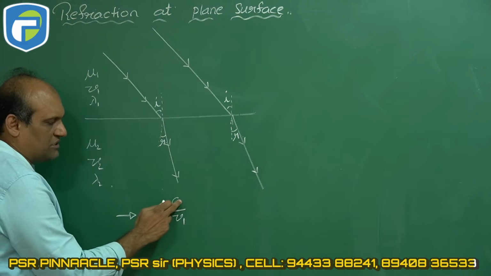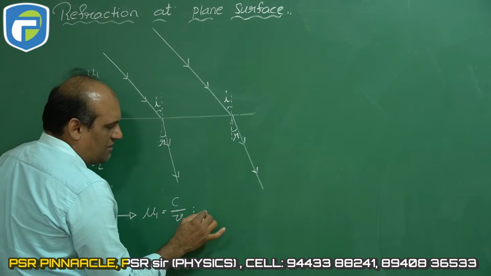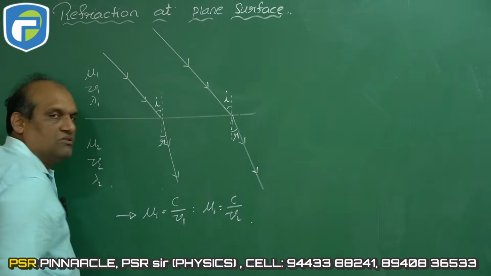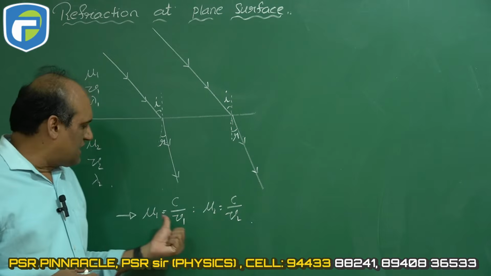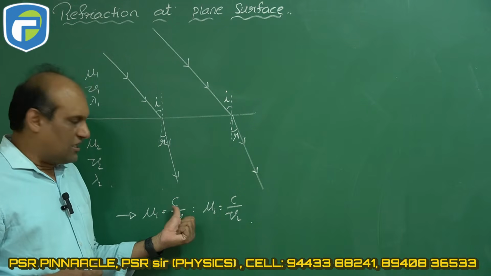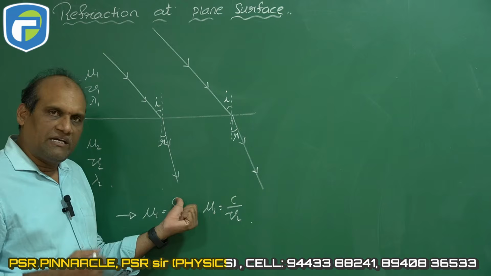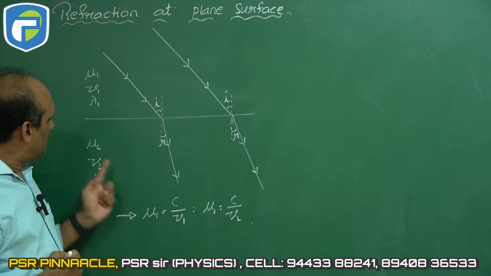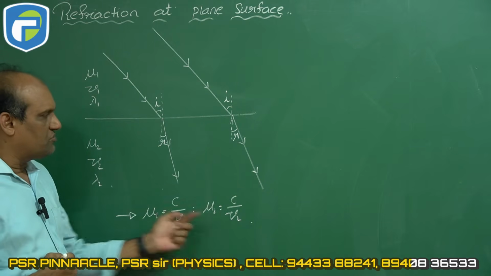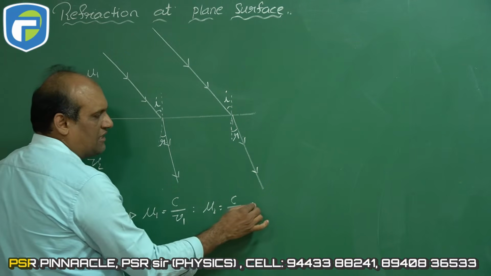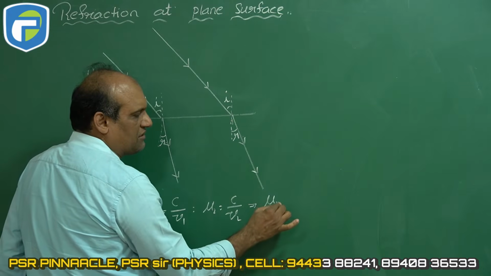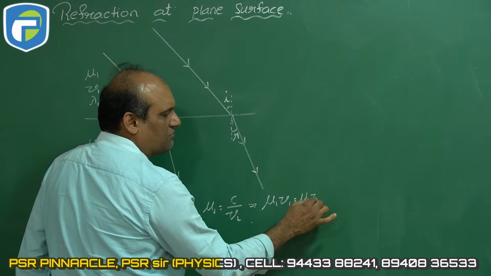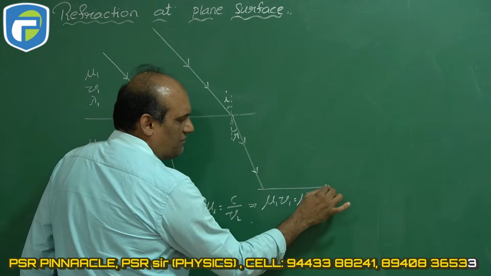So mu1 equals c by v1 and mu2 equals c by v2. Refractive index is nothing but the ratio of velocity of light in vacuum to the velocity of light in the medium. So eliminating c, I will get the first equation: mu1 into v1 equals mu2 into v2. So this is my first relation.